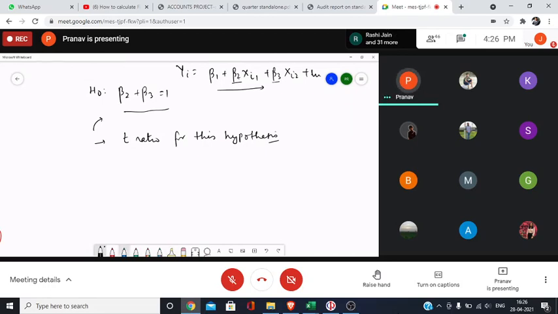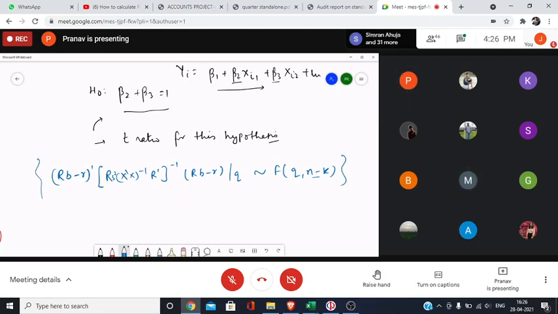Your expression is RB minus R transpose R X transpose X inverse, or S square you can write, or sigma square, whichever you want, R transpose inverse RB minus R, and this is Q. I have already written S square above, so here I simply write it like this, okay? Yes, sir. Please solve this. At 4:45 I'll start discussing the question.